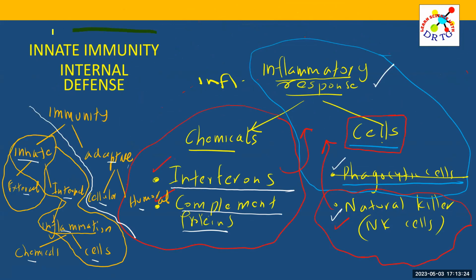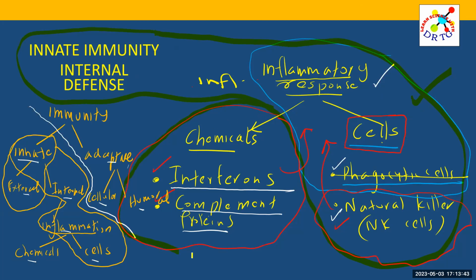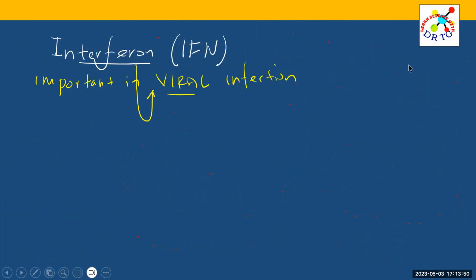So this part is covered in the previous uploaded video. You can check this video to learn this part. Now today we are going to learn about chemicals in the innate immunity internal defense. Okay, so first chemical is interferon. Interferon is a very important chemical in viral infection.